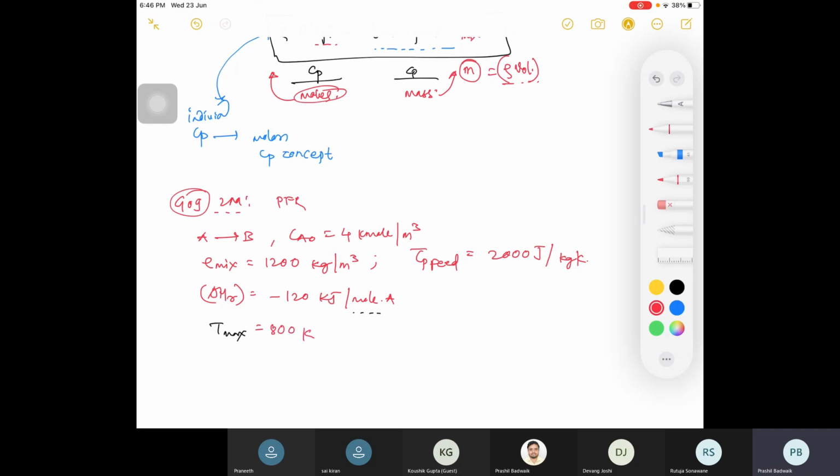Maximum temperature that can be reached in the reactor, T max. It is not delta T, right? Then find the feed temperature.